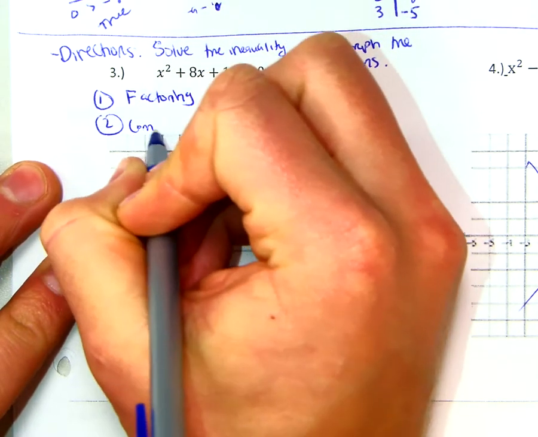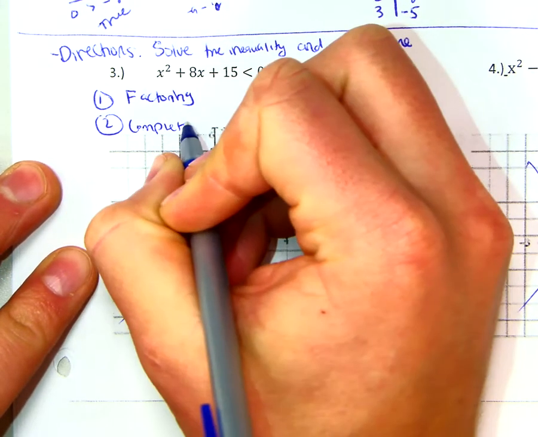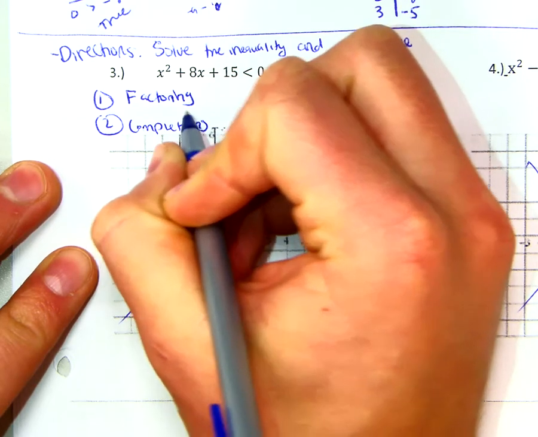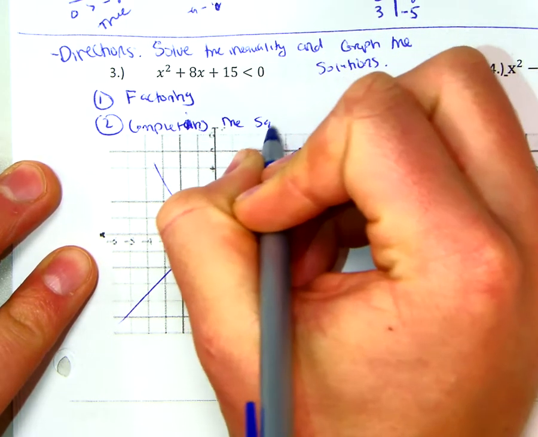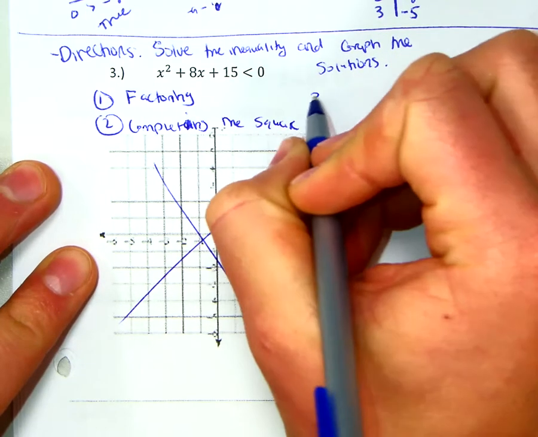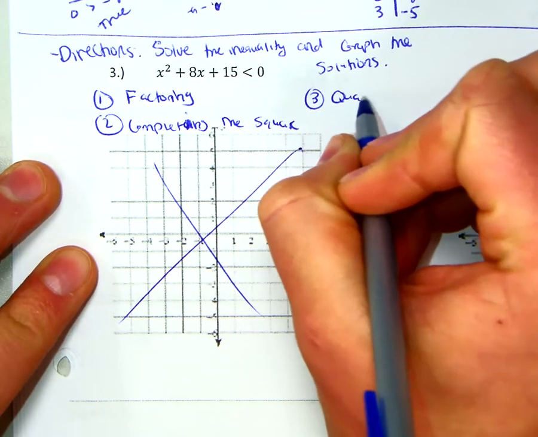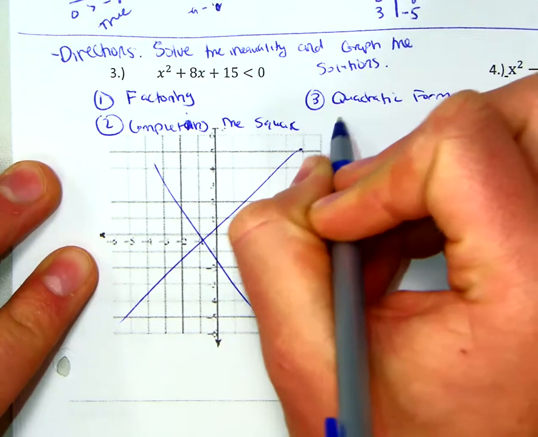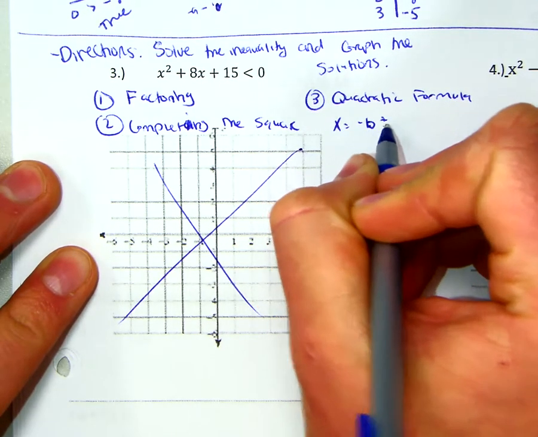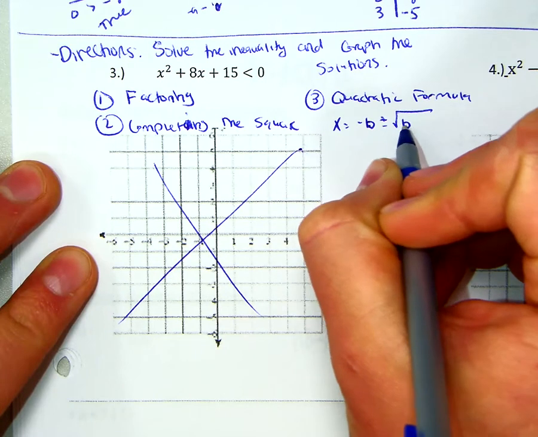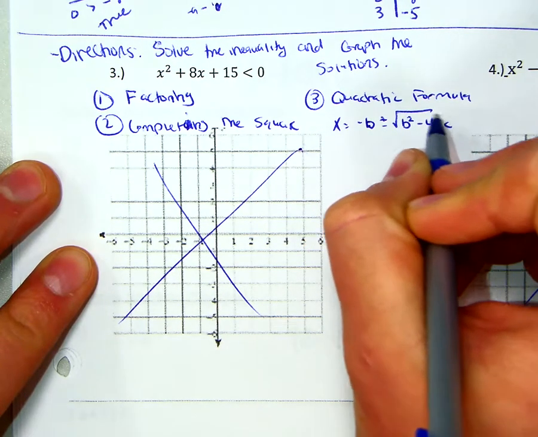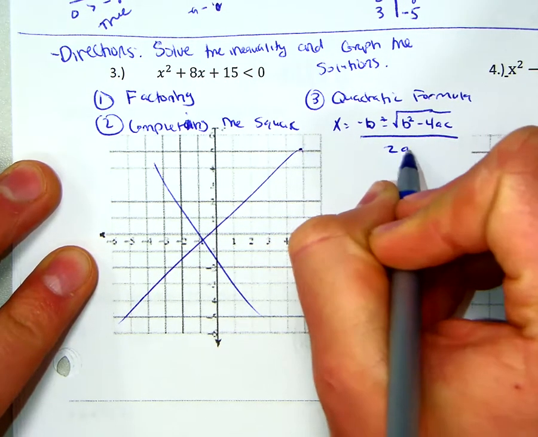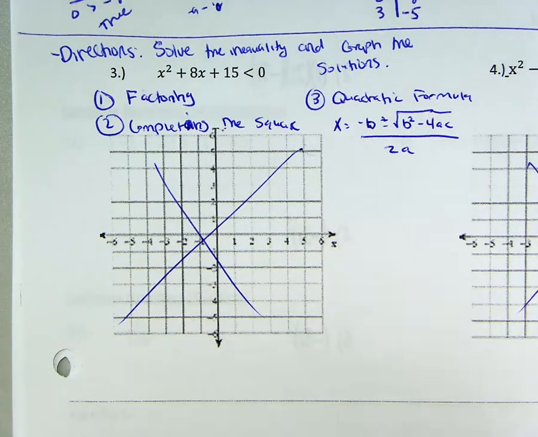There's completing the square. There is the quadratic formula. Again, x equals negative b plus or minus the square root of b squared minus 4ac, all divided by 2a. There are a lot of different options you can do here.